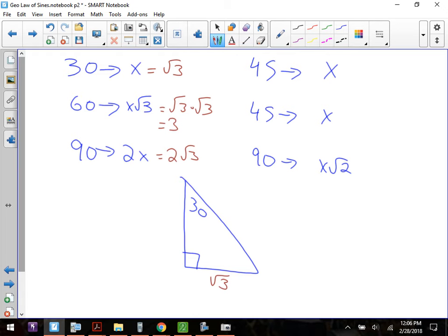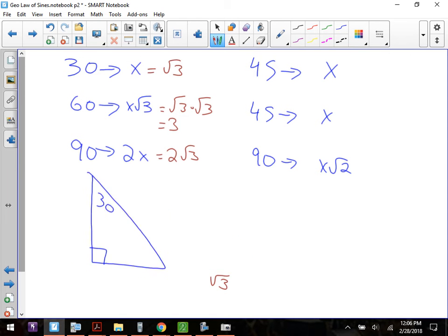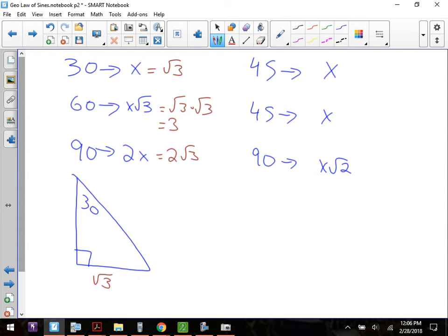If it's a 45, 45, 90, do things change? Well, no, you just have different ratios. Say we have 45, 45, 90, and we know across from the 90 degree was 10.